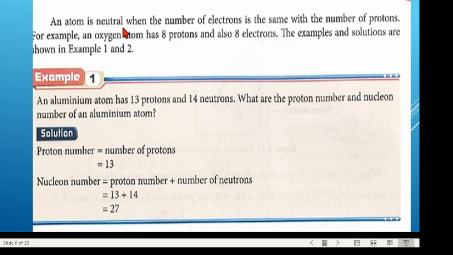An atom is neutral when the number of electrons is the same as the number of protons. Okay? Di dalam satu atom itu, jika number of protons dia dan juga number of electrons dia sama, maka atom itu akan neutral. Tetapi sekiranya the number of protons and the number of electrons dia tidak sama, maka kita tidak panggil lagi dia atom.